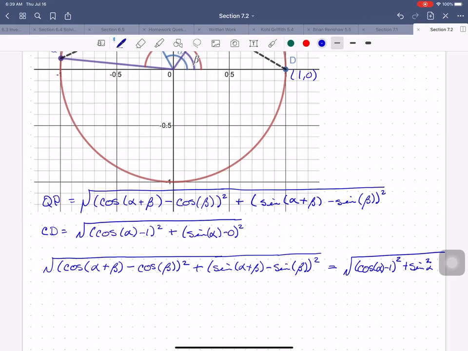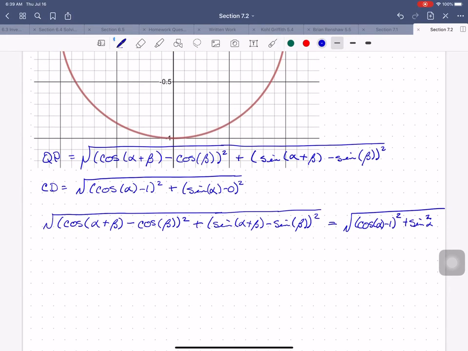Okay, we can do work here. We can square both sides, get rid of those square roots. We can expand those quadratic binomials, and we can eventually get to the angle sum identities, and we could get to the ones for both sine and cosine.